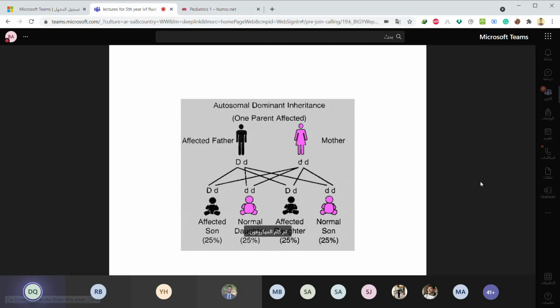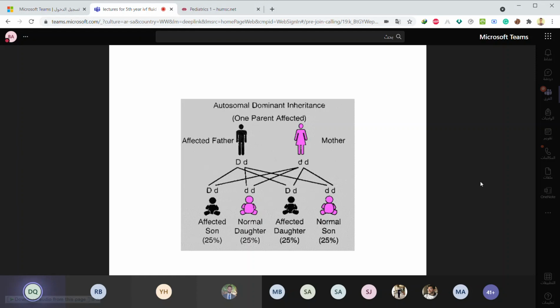This is the family pedigree for autosomal dominant inheritance. The father is affected, the mother is healthy. So this affected father has one large gene and one small, but the mother has two small, which is normal. If they have 4 children, they will have one affected boy, one normal girl, one affected girl, and one normal boy.